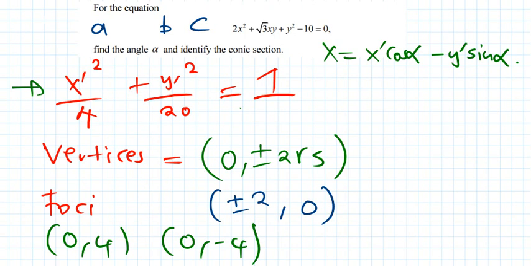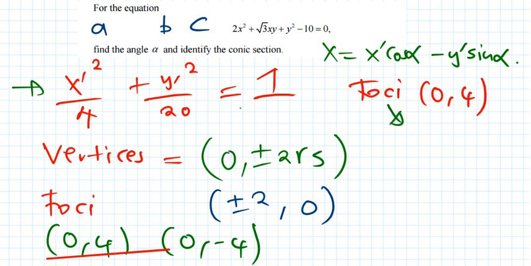Okay, so I can give you one example. If you look at the foci, our foci of 0, 4, for us to find the x value there, we have to use this formula. So our foci in the original xy is going to be, our x prime is 0. Remember, we were dealing with x prime y prime, so if we're taking it back to the original form, we use that equation.